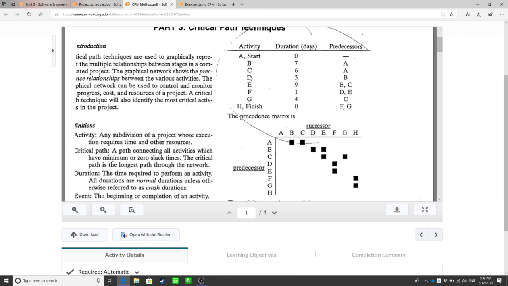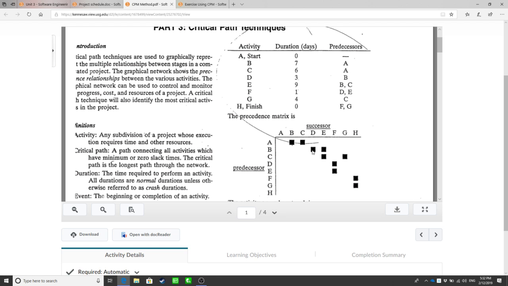Well, no. Actually, for the first one, if you want to check the predecessors of D, it's easy to check. We have B as a predecessor. But if I want to check the successors of D, you have to check this table, right?